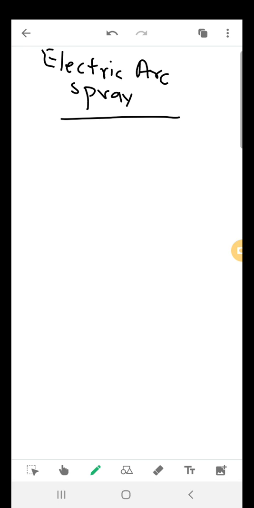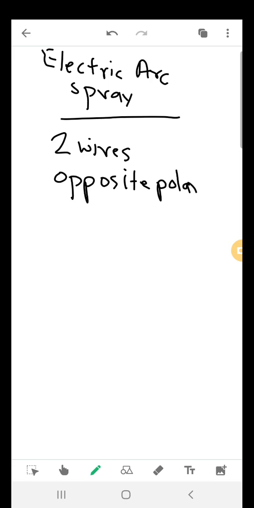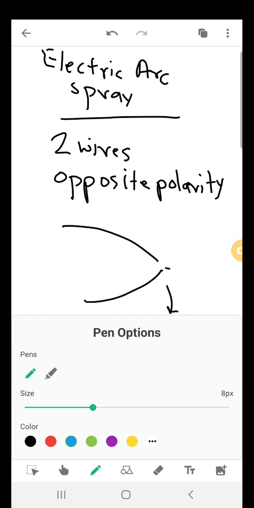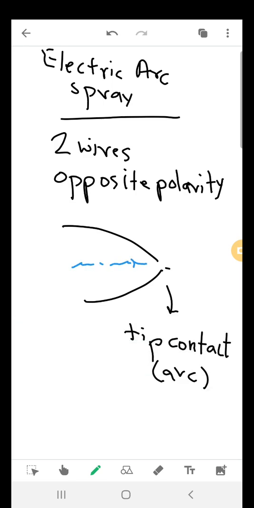But it is different from the wire spray in that instead of one wire we are using two wires, and these wires are of opposite polarity, and due to this, at the tip contact, they produce an arc, and while the arc is produced, again an air jet is directed towards it.